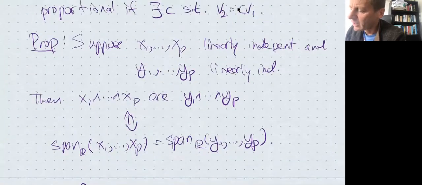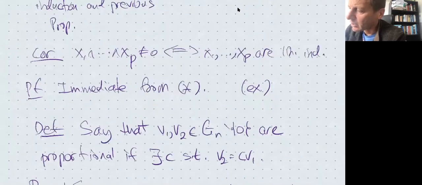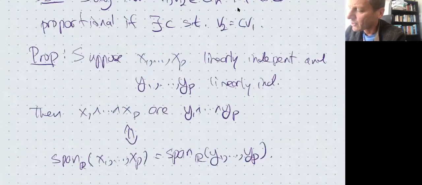By the previous proposition, this quantity is non-zero when these tuples are linearly independent.